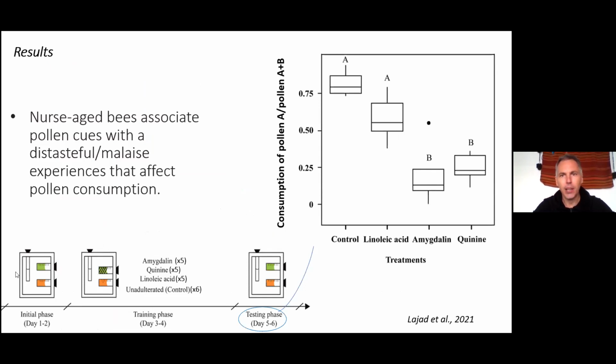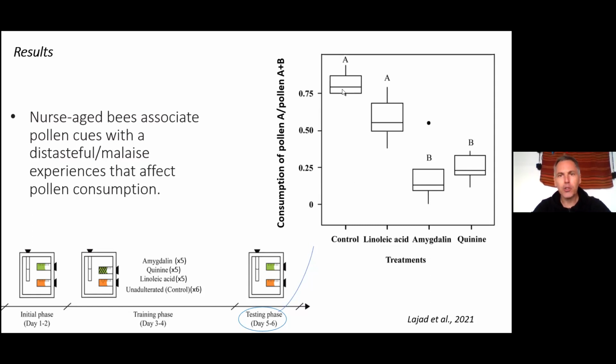Here we can see the results. As in other experiments, here we have the consumption of pollen A over the consumption of pollen A plus B. On this axis we have the 4 treatments.